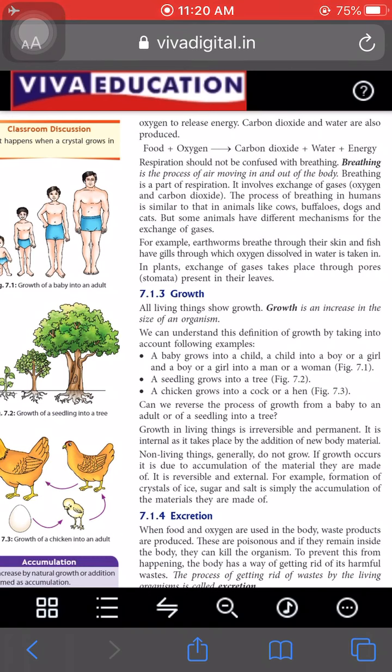For example, invertebrate animals are mostly those considered in the insect category. Some of them breathe with moist skin, and some breathe with the help of gills. So there are different modes of respiration in living things.